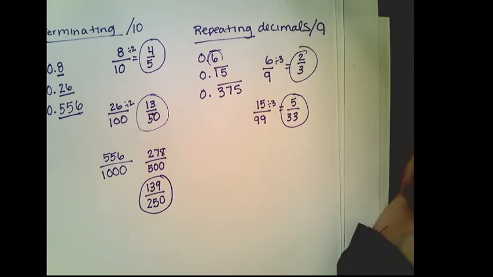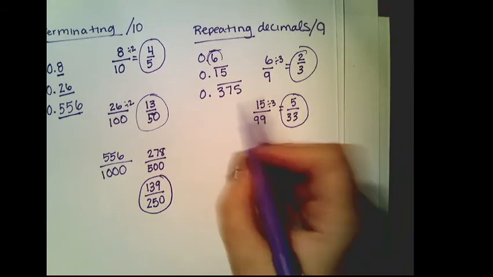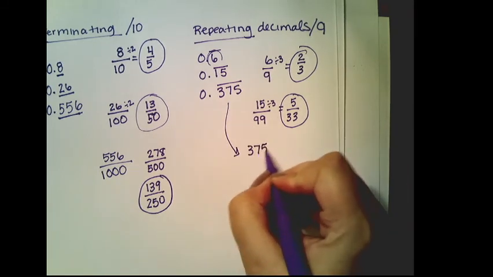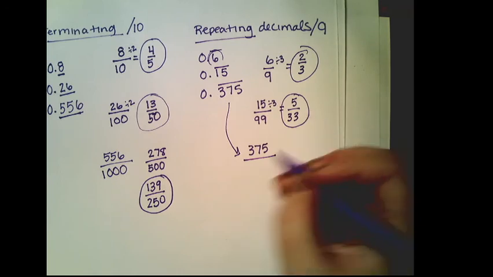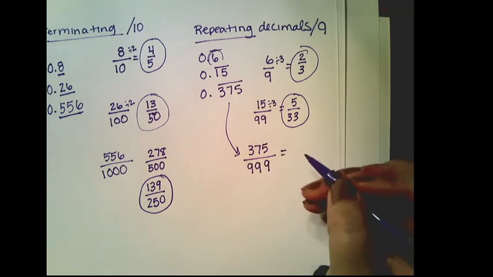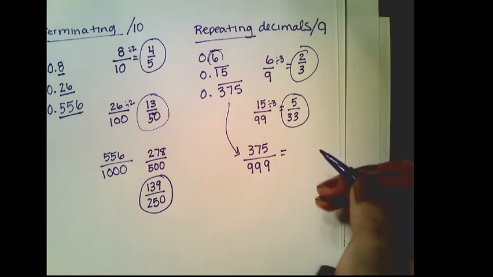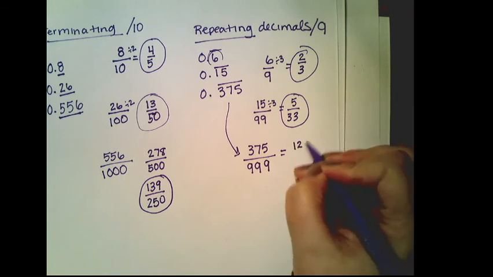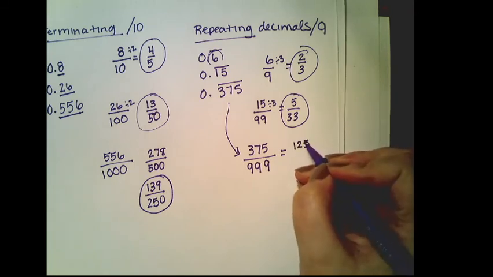And then our last one we have 375. That's 3 numbers, so that means we need 3 nines. And then 375, I know that's divisible by 3. And 999 is also divisible by 3.